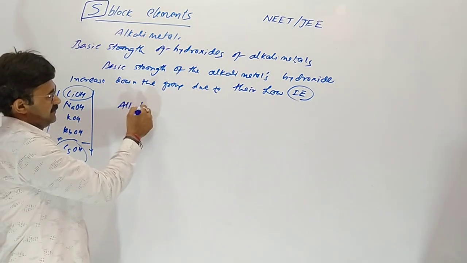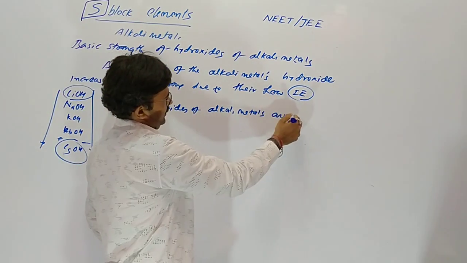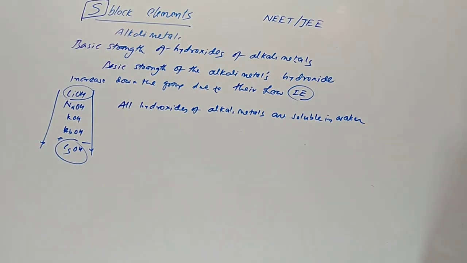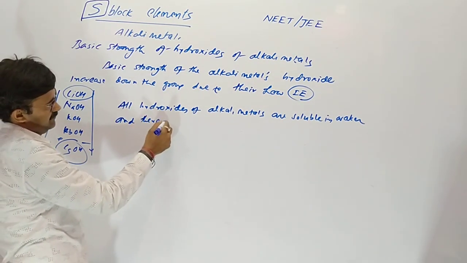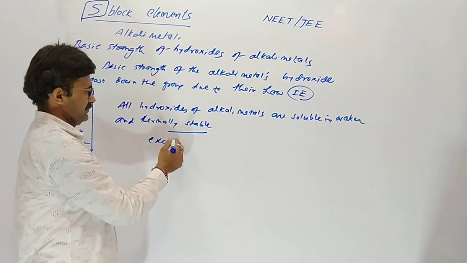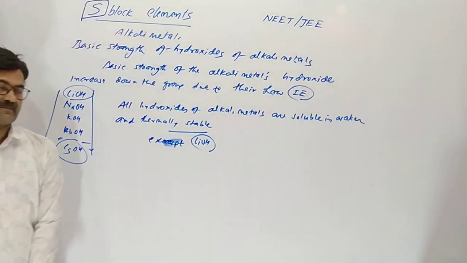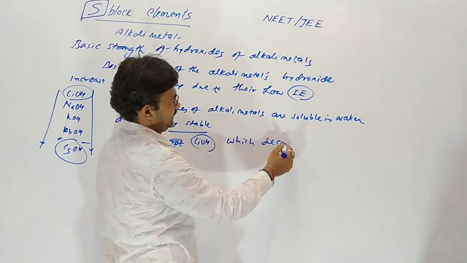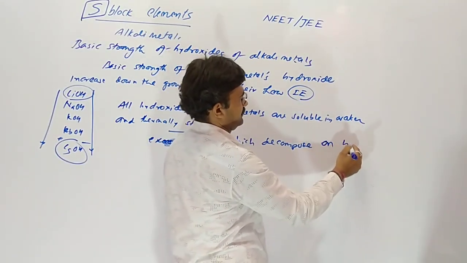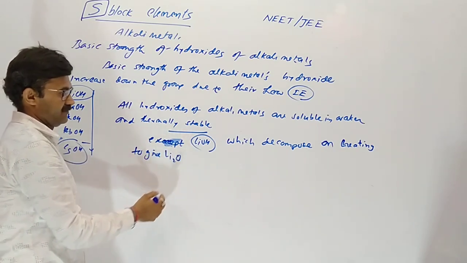All hydroxides of alkali metals are soluble in water and thermally stable, meaning they are stable at high temperature, except lithium hydroxide, which decomposes on heating to give lithium monoxide.